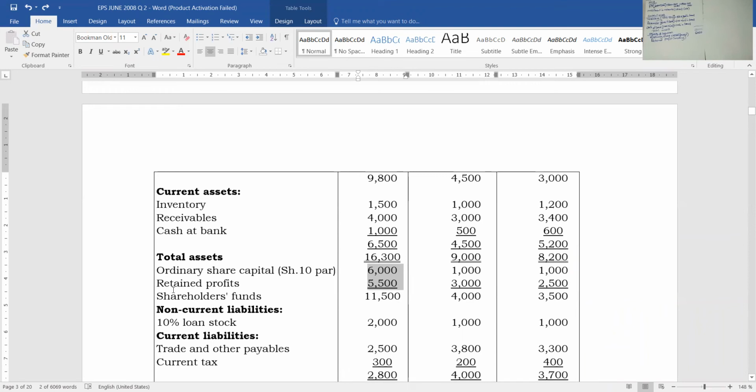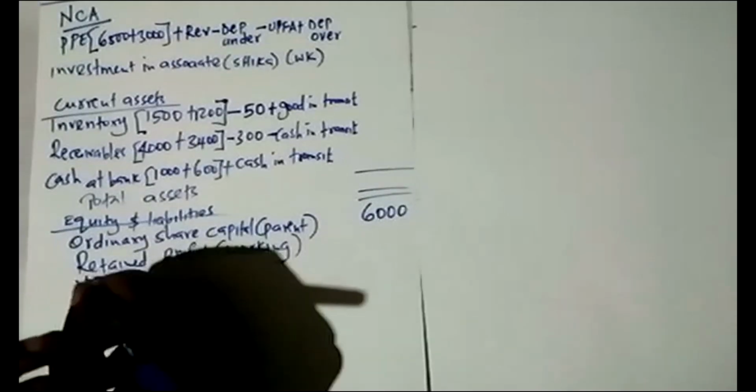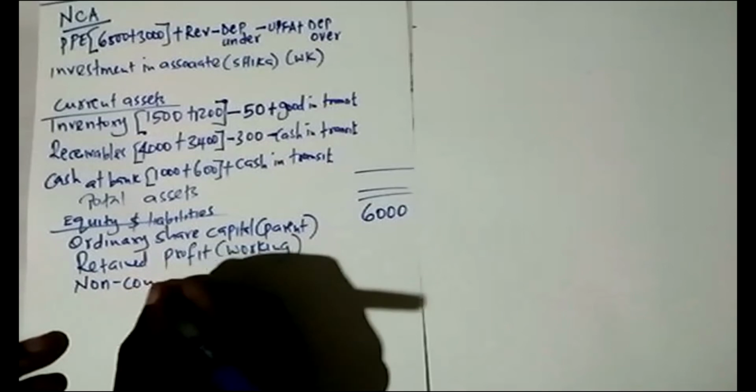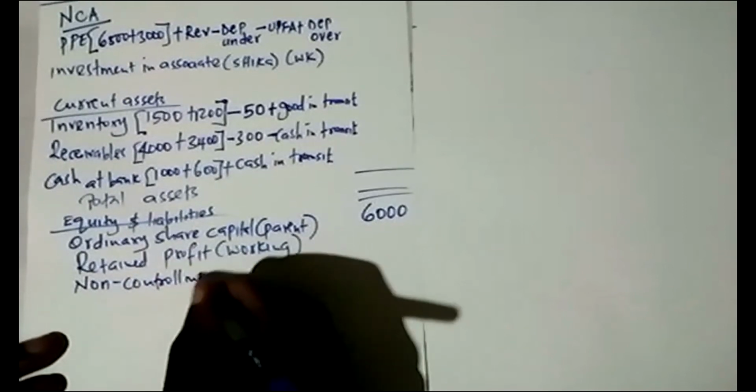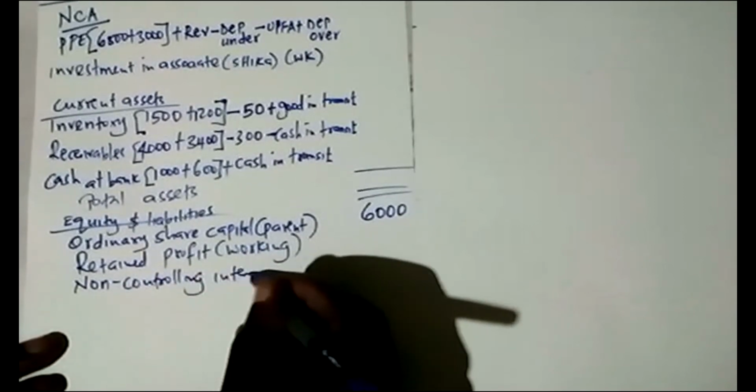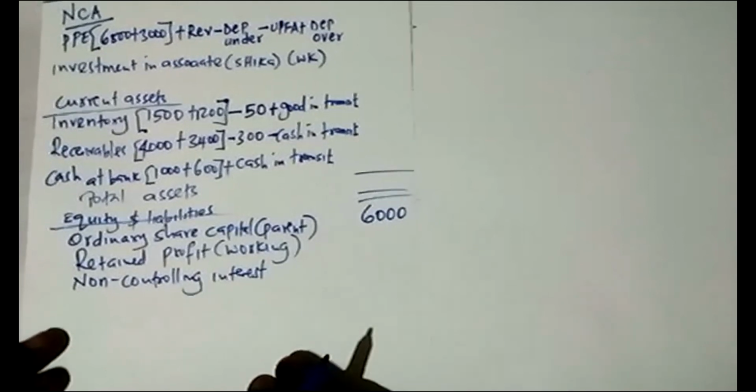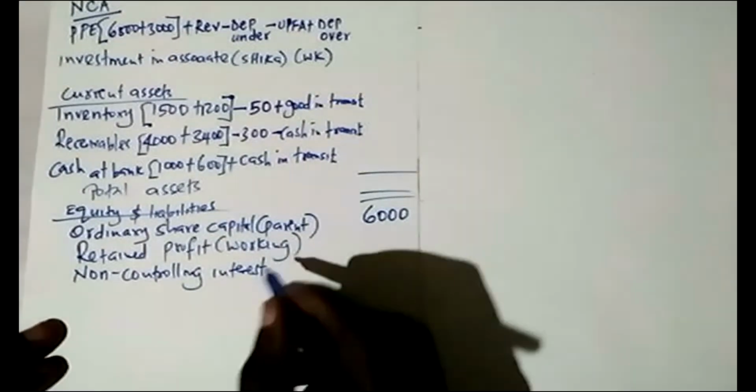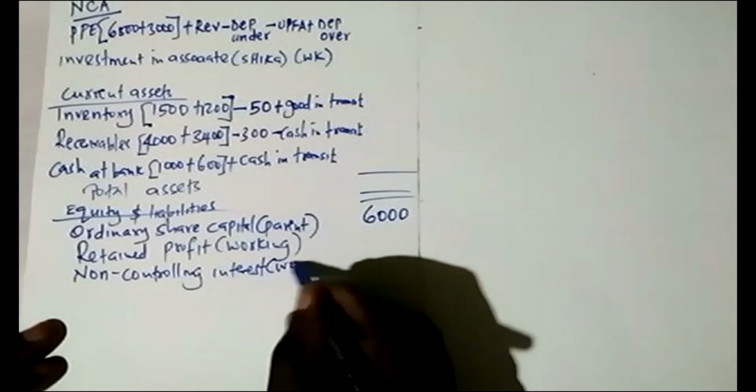So concerning non-controlling interest, for us to get their capital, we have to do a working for non-controlling interest, the NCIs. So non-controlling interest, this one needs a working.